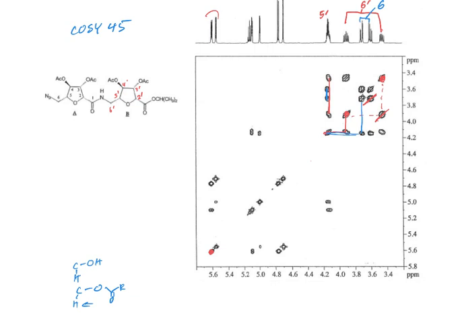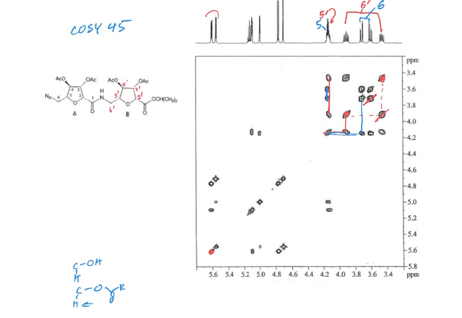So we have 5 prime and 5 overlapped here, but they're not perfectly overlapped, right? And the 5 prime ones are slightly more upfield on this end than 5s on this end.